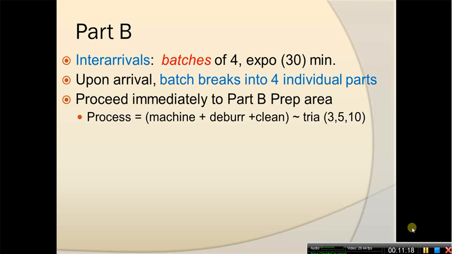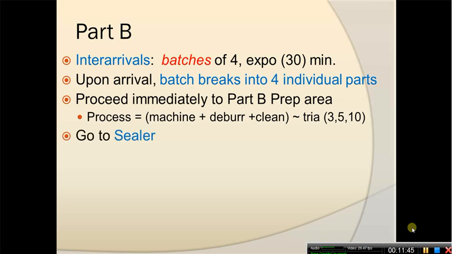And again, it's machine, deburr, and then clean, and that process takes a random time that's distributed triangularly with parameters 3, 5, and 10. 3 being the minimum, 5 being the average, and 10 being the maximum time.